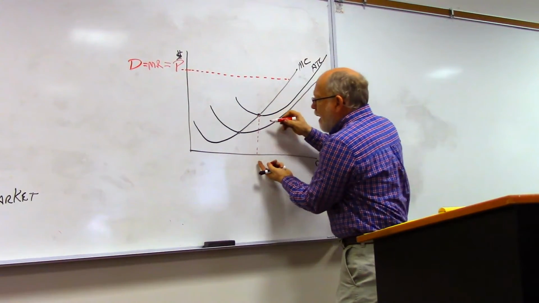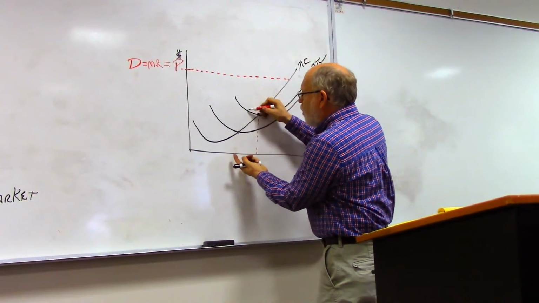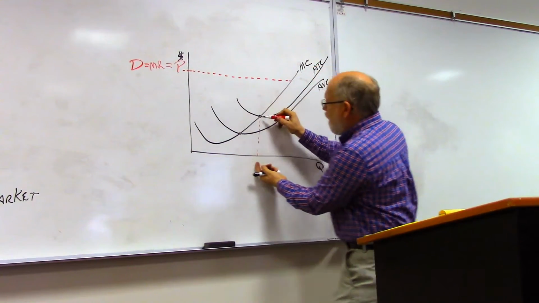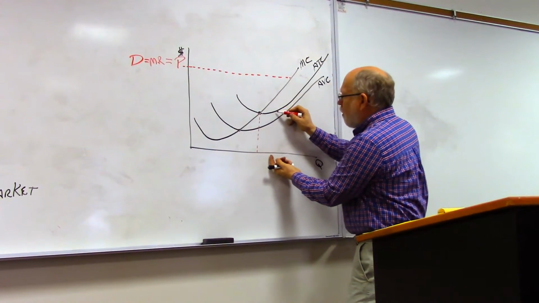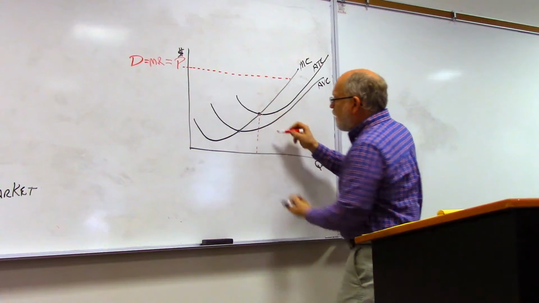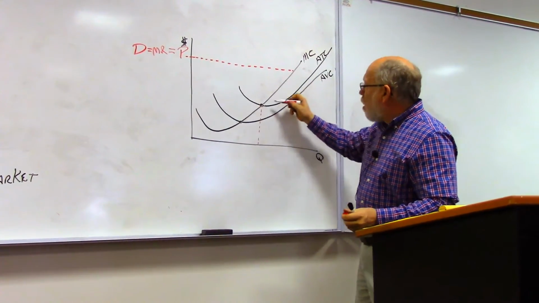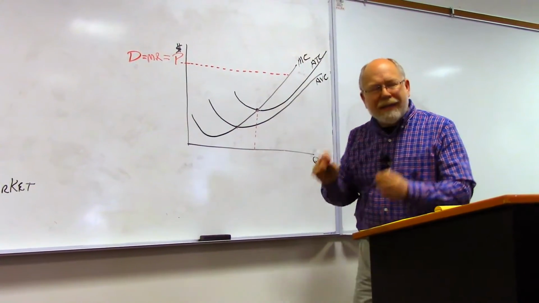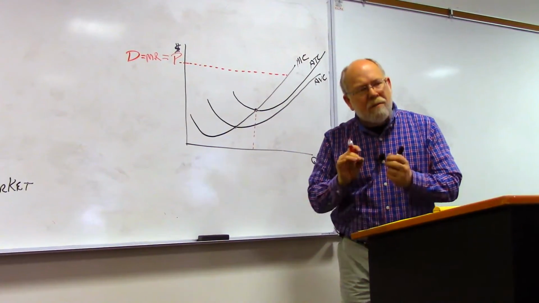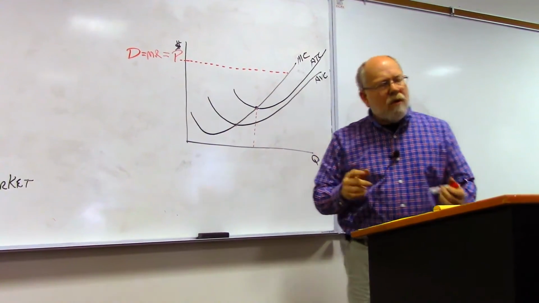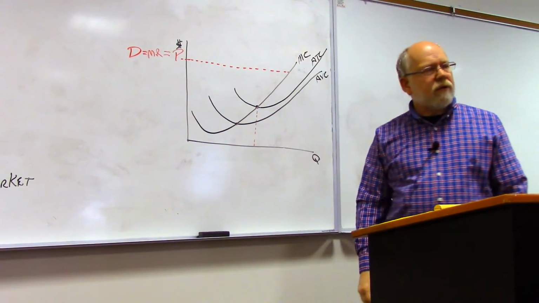If it makes any less output, its average total cost goes up. If it makes any more than that, its average total cost goes up. It's only at this output that, for this size of firm, its average total cost is at its very minimum. And the moral of the story is, guess what the free market does?